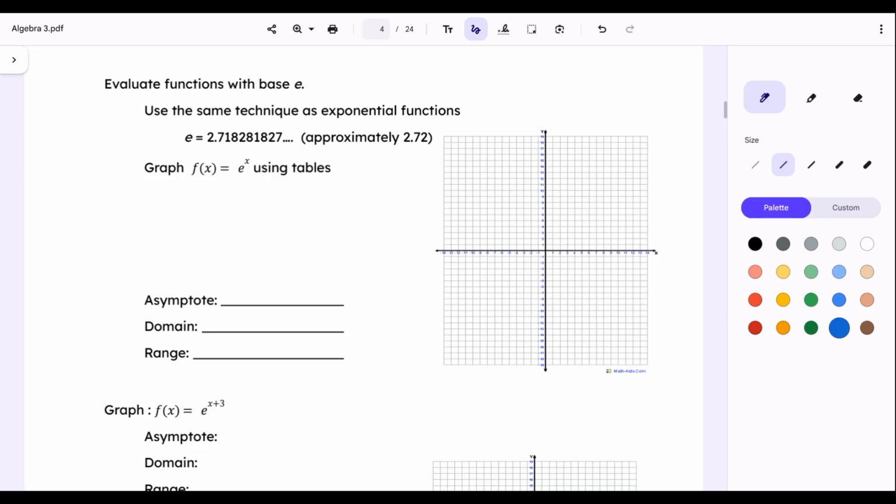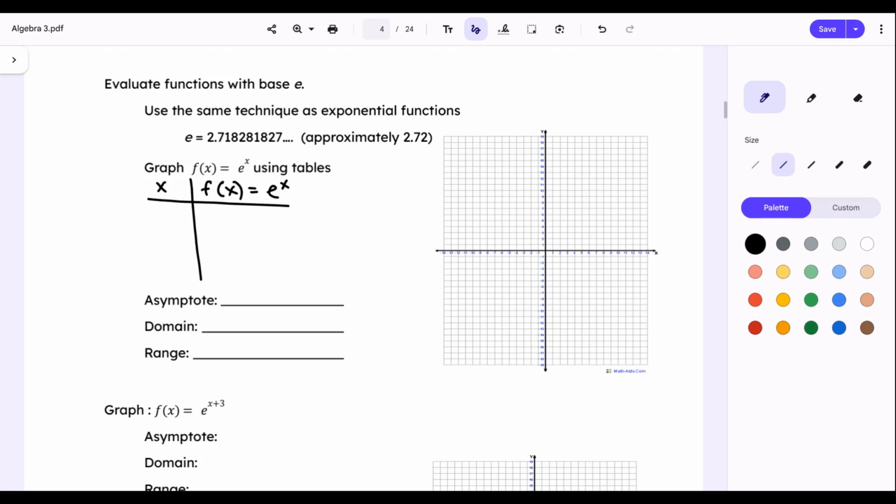What we're going to look at today is how we would graph this, again like yesterday, with tables. So I'm going to go ahead and just sketch a table here. And again, you can use a calculator to help you do this.